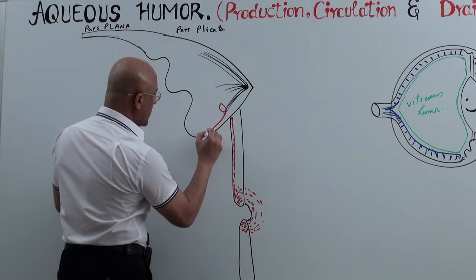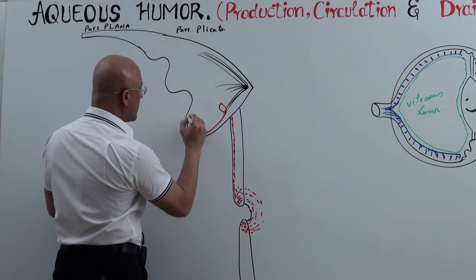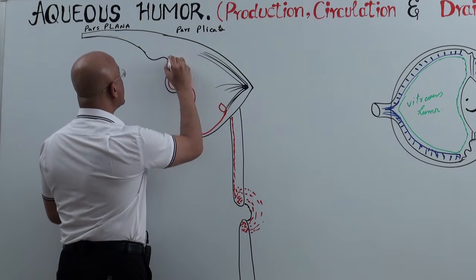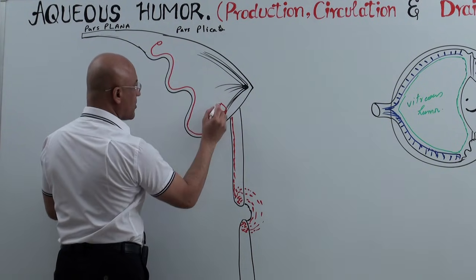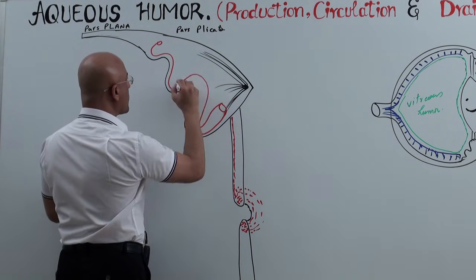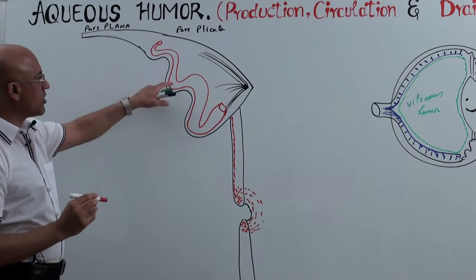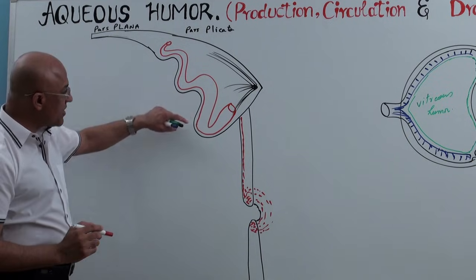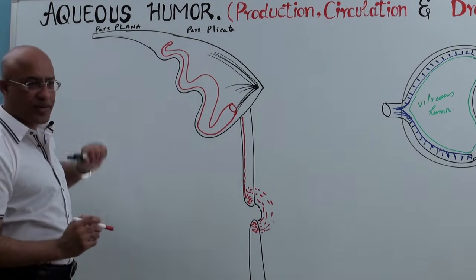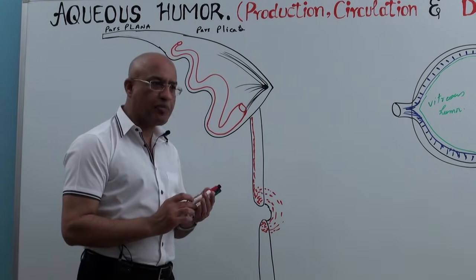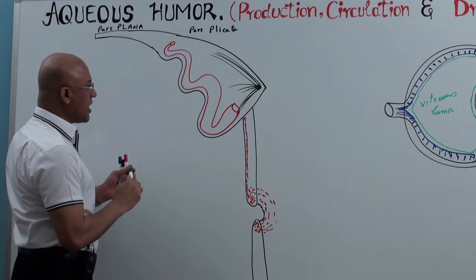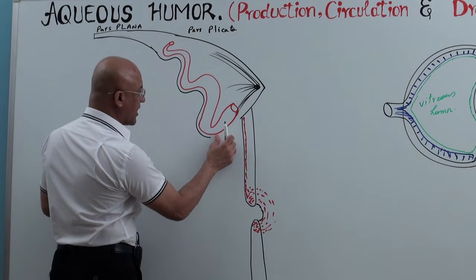Now let me draw one diagram. This is vascular stroma, right? This is vascular stroma, and just more internal to it, there is the ciliary epithelium, right? Now I will draw the ciliary epithelium with green color.